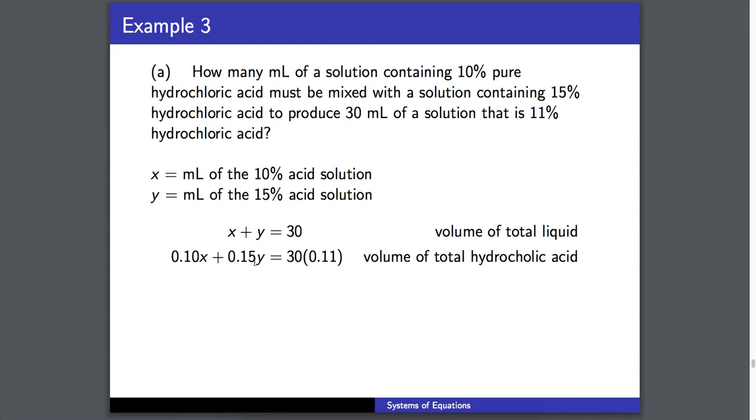Then 15% of the next solution is hydrochloric acid, so 15% of Y, or 0.15 times Y, equals, we want our mixture to be 11% hydrochloric acid, and since we have 30 milliliters of that solution, 30 times 0.11 will give us our volume of total hydrochloric acid.